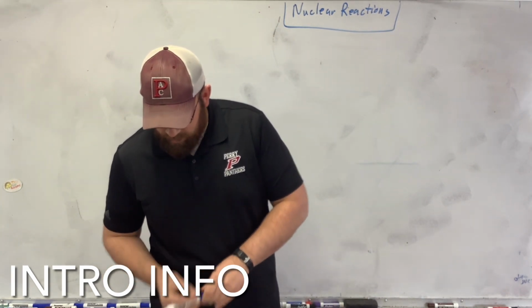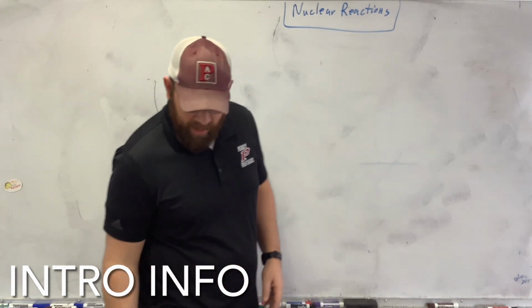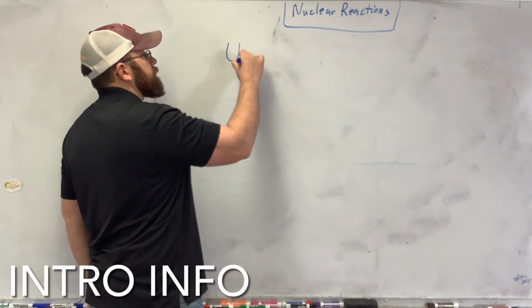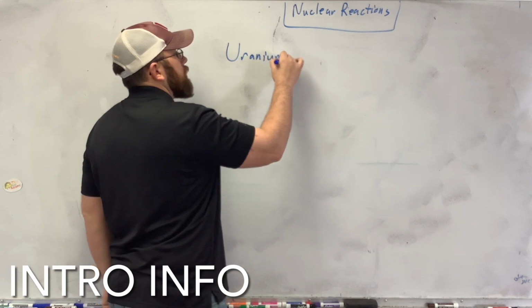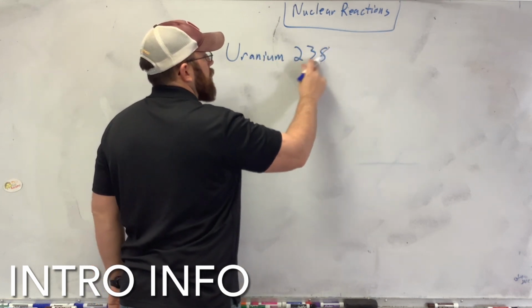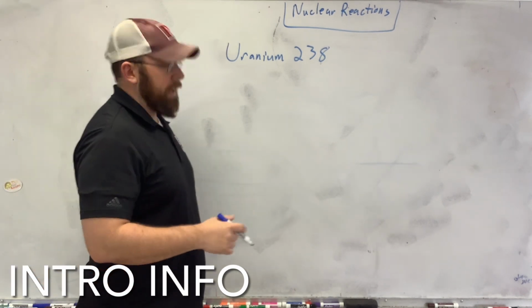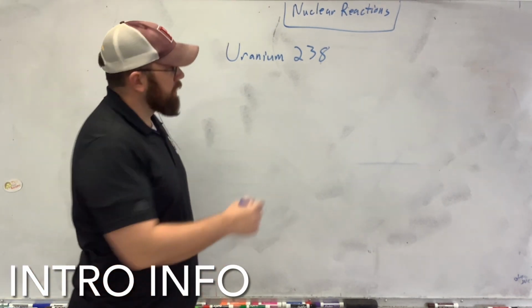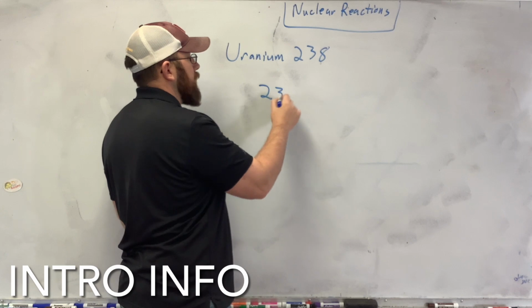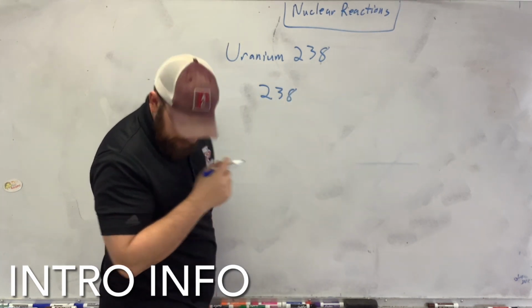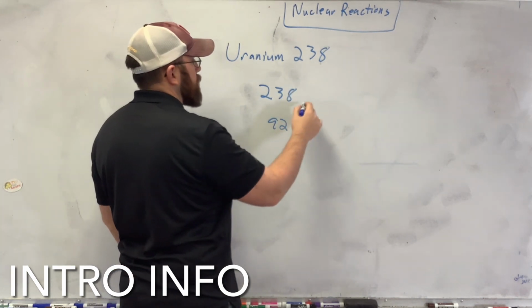So just to review, say I have uranium 238. So how I write this in the isotope format is 238, and its atomic number is 92.